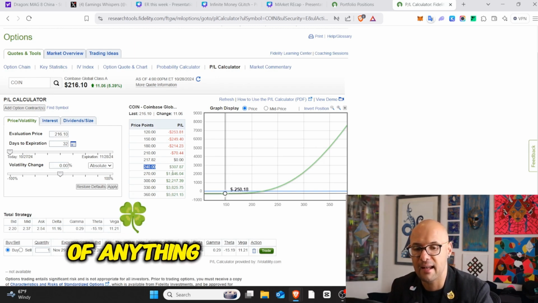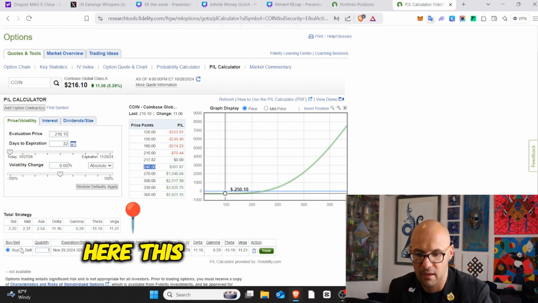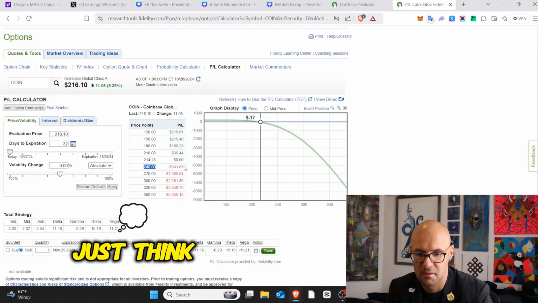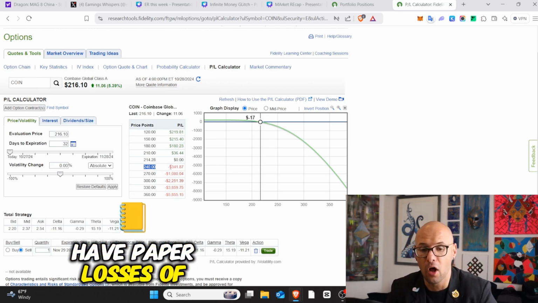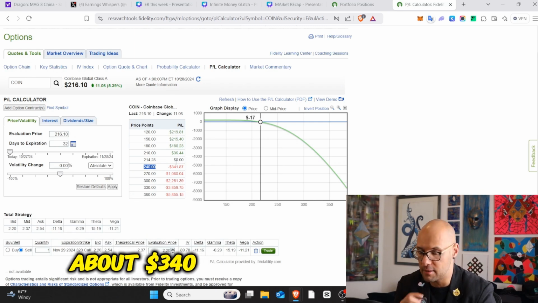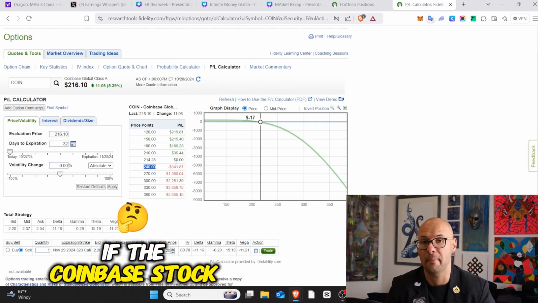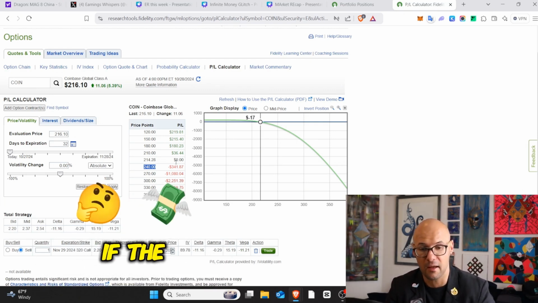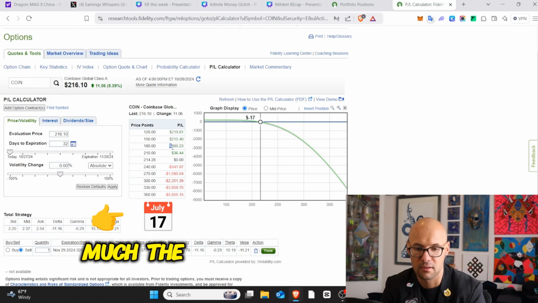And if you think of anything in green here as the inverse, so here this is if I'm selling it, just think of it the other way. At 240, you will have paper losses of about $340. In your portfolio, it would say you lost that much if the Coinbase stock goes up. If the price of Coinbase goes down, you will make this much the next day.